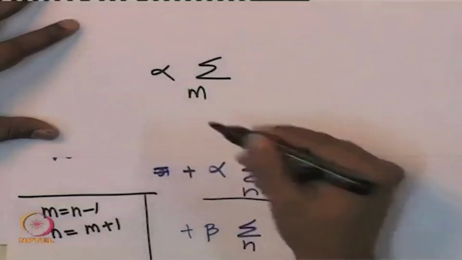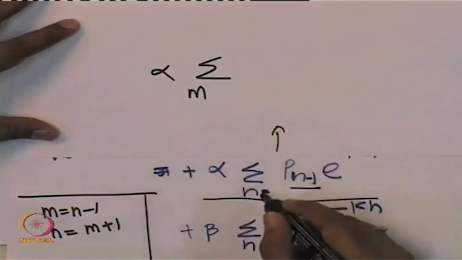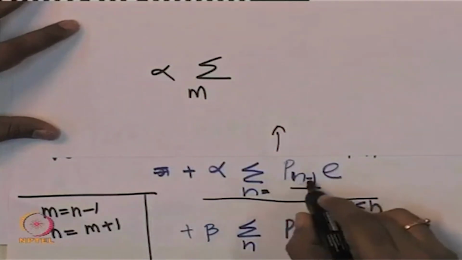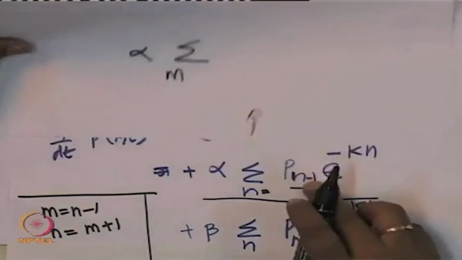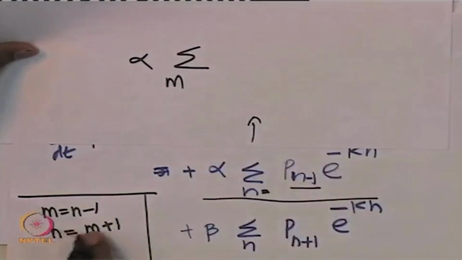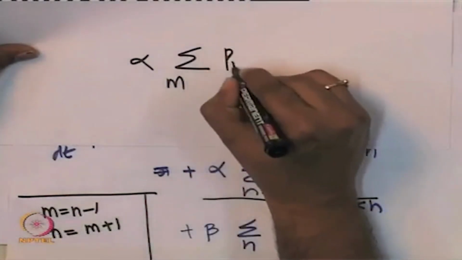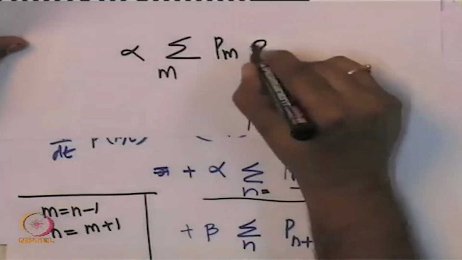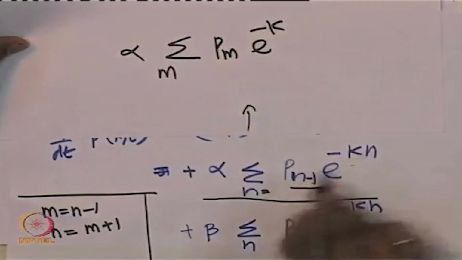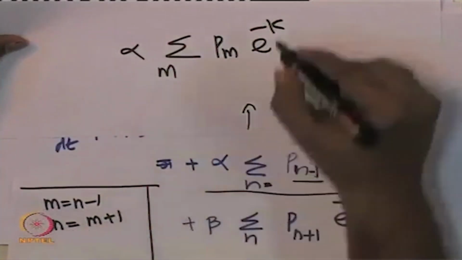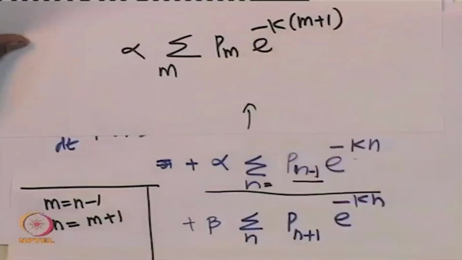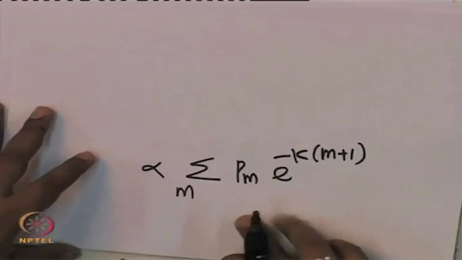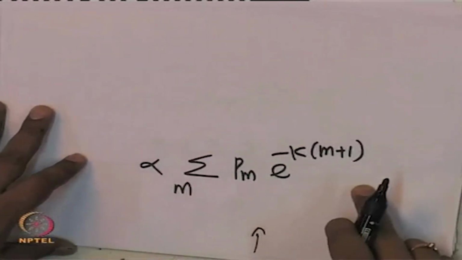So, this n and m are different by only 1, and the limits do not change because they are infinities. Then you have p of n minus 1, n minus 1 is m. So, let us write p of m, e power minus k n, and n is m plus 1. So, this term becomes alpha into sum over m p m e power minus k into m plus 1.